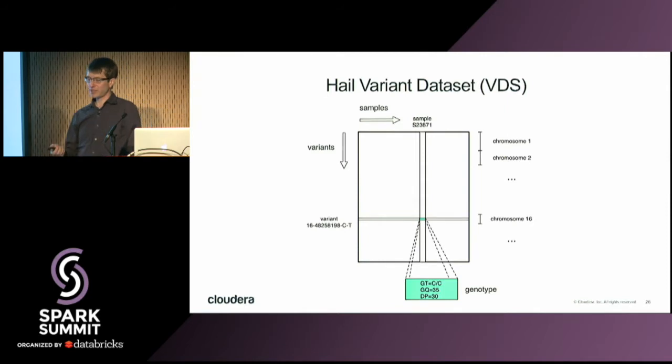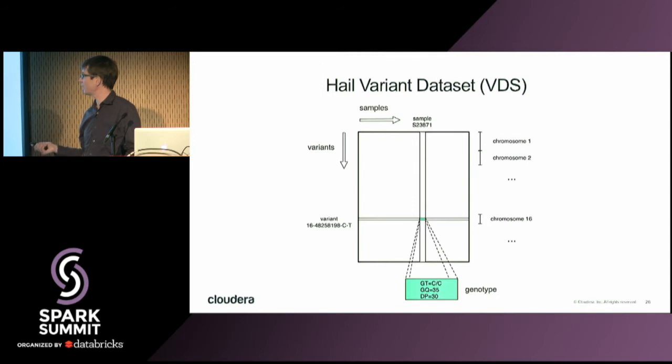And the way that Hale approaches this is by having this huge matrix, and this is the heart of Hale. So if you understand the data structure, the operations that it's doing on it are relatively straightforward and easy to understand. So we have, across the top, samples. So each sample is a DNA sample from an individual. And then down the rows, we have variants.